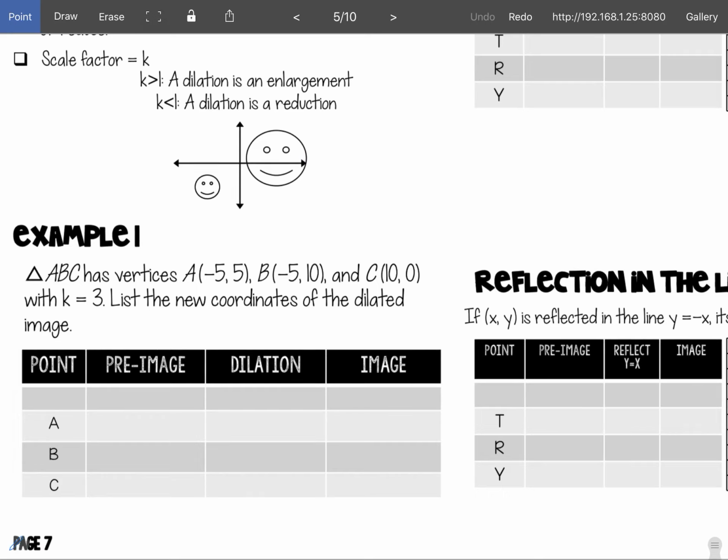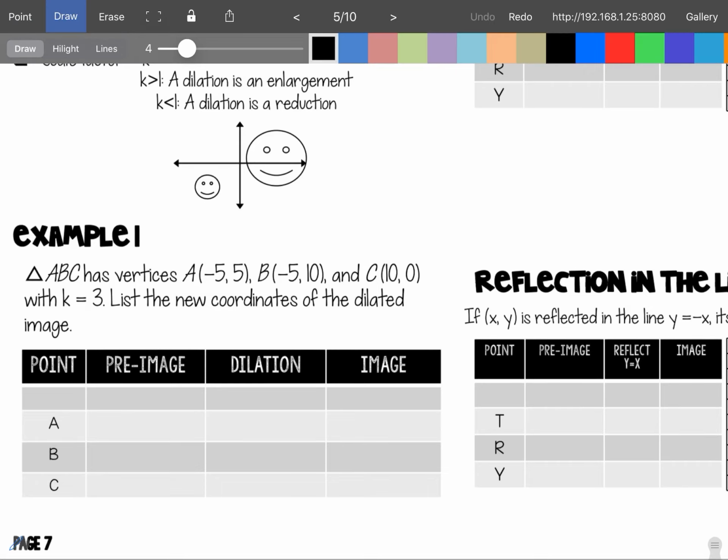So all you got to do is multiply all the coordinates by 3. All right, so I'm not going to do the whole thing. But for example, if you did point B is at the point -5, 10.